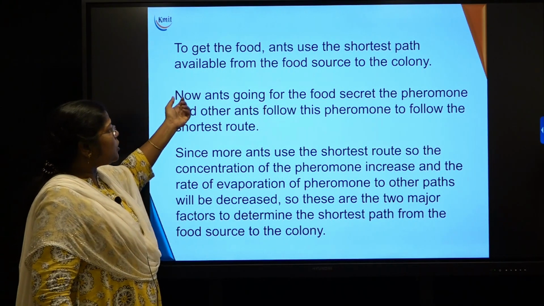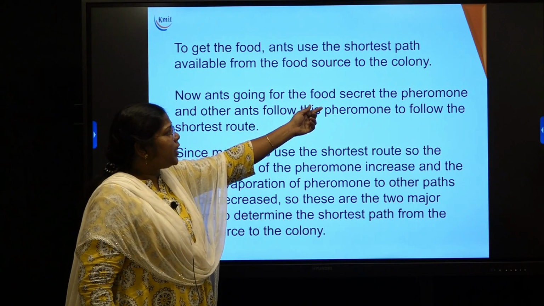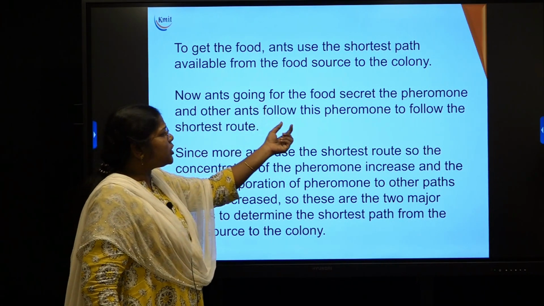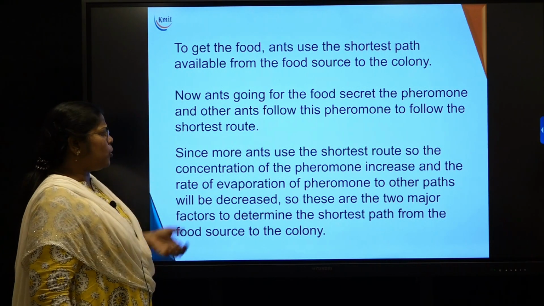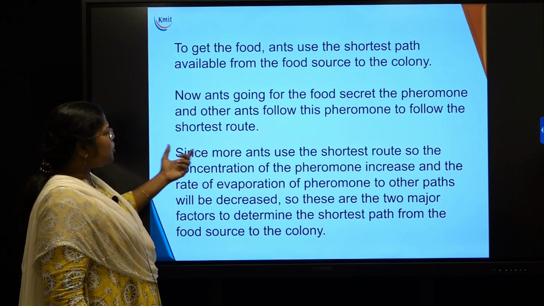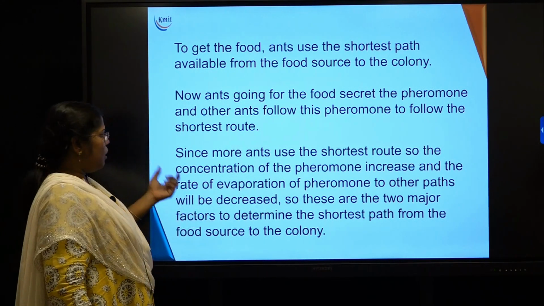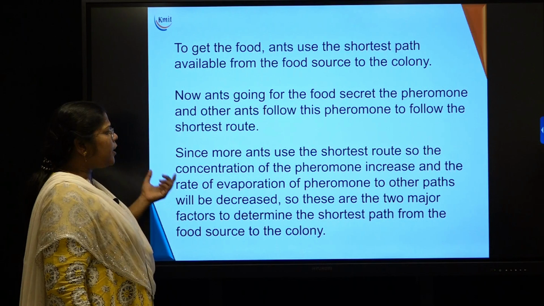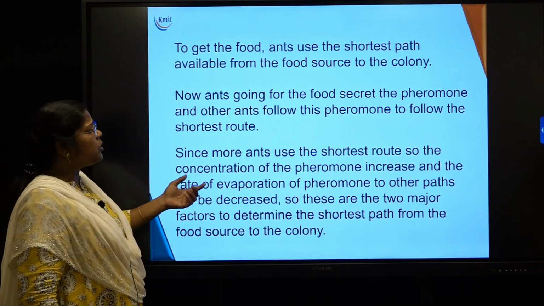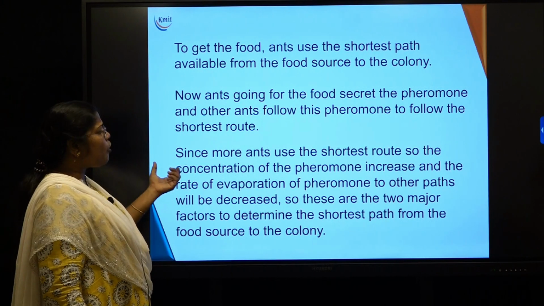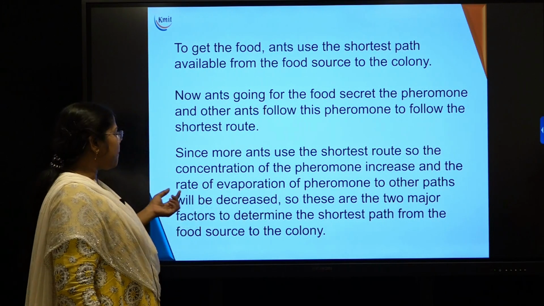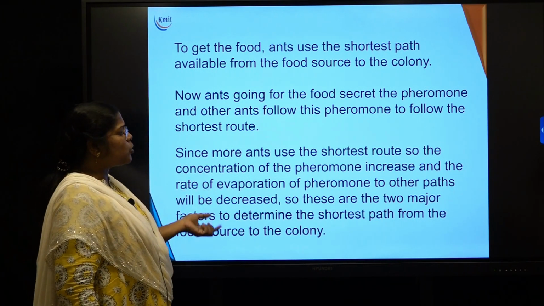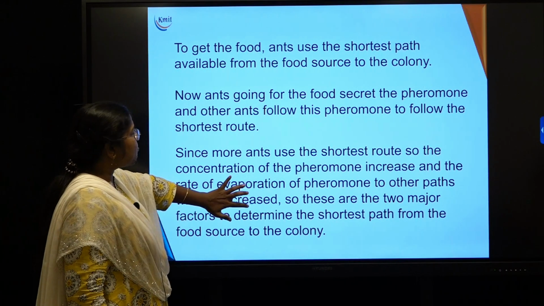Ants going for the food secrete pheromones, and other ants follow these pheromones to follow the shortest route. Since more ants use the shortest route, the concentration of the pheromone increases, so that the shortest path is followed. The rate of evaporation of the pheromone on the other paths will be higher, so that the majority of ants follow the shortest route, which is thus determined.